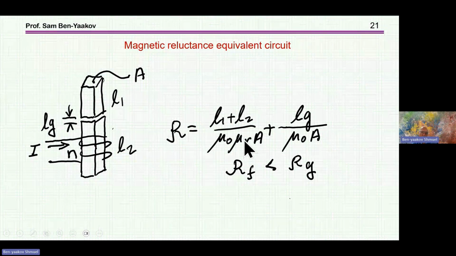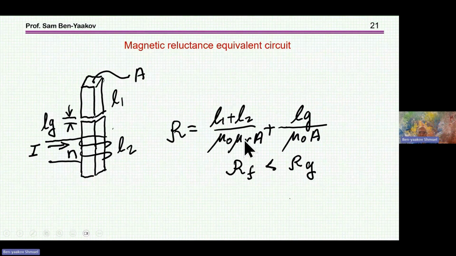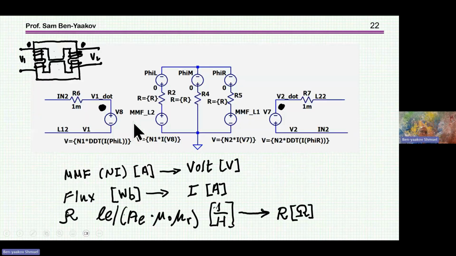In ferrite, 2,000, 3,000, 4,000 even. And therefore, the reluctance is primarily controlled by the gap if it's not very, very small. So using this concept, we can build an equivalent circuit. It is an electrical circuit, but it is mimicking or emulating the magnetic part. And we see here the three reluctances of this body, three reluctances. And now we need an interface between the electrical and the magnetic part.